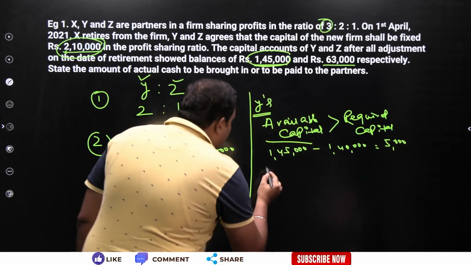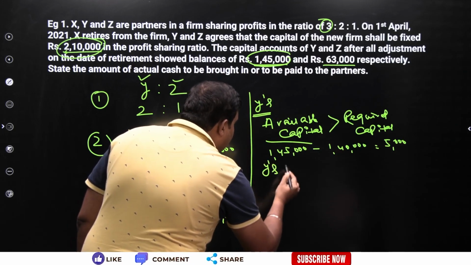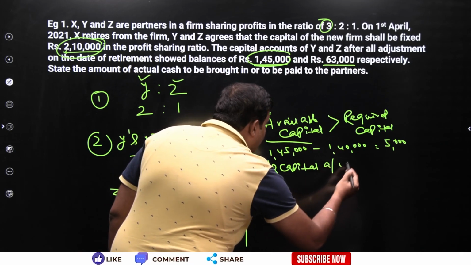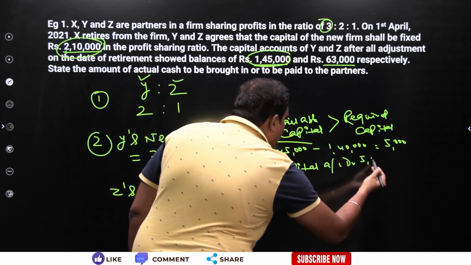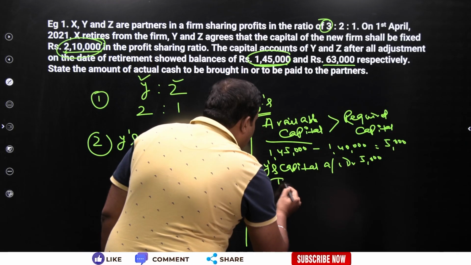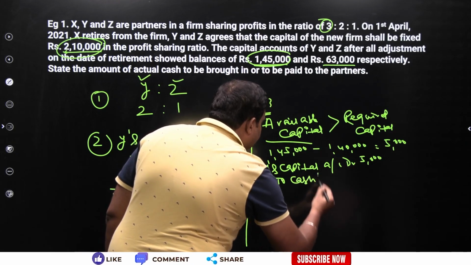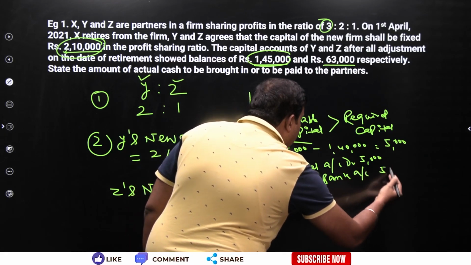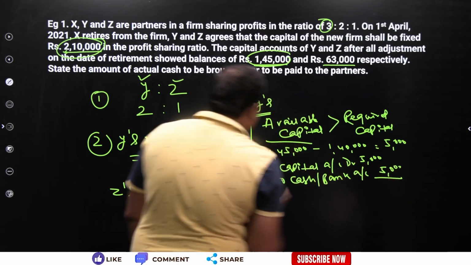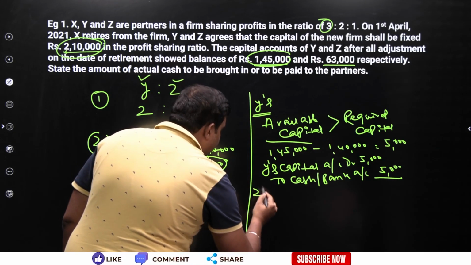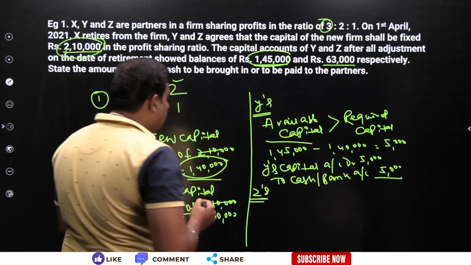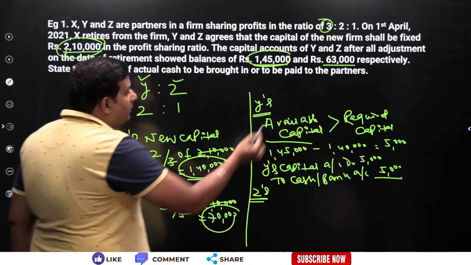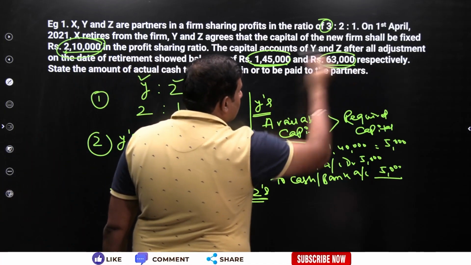For this we need to pass the journal entry: Y's capital account debit, and the value is 5,000, to cash/bank account. The same thing has to be done for Z also. Here for Z, you find the required capital is 70,000 but there is an availability of 63,000 only.